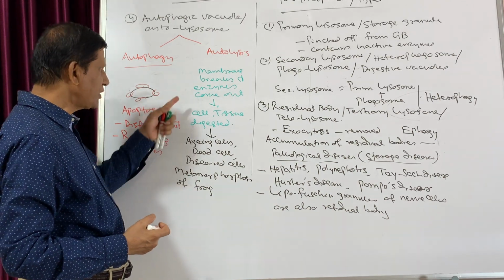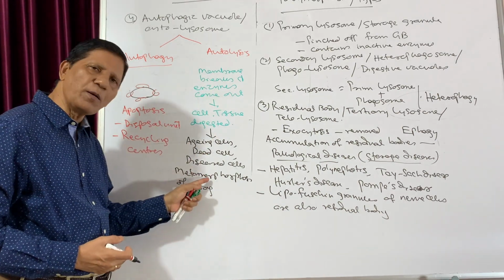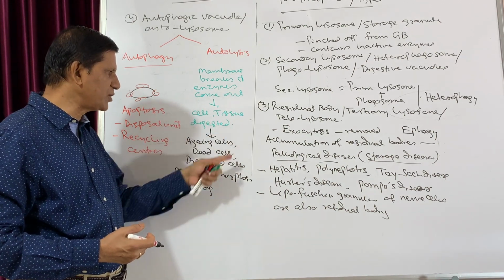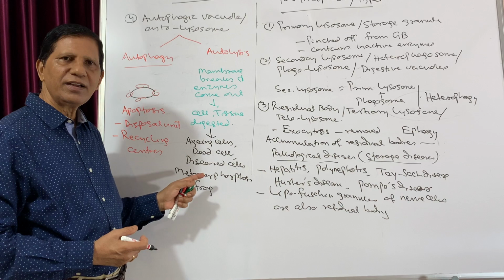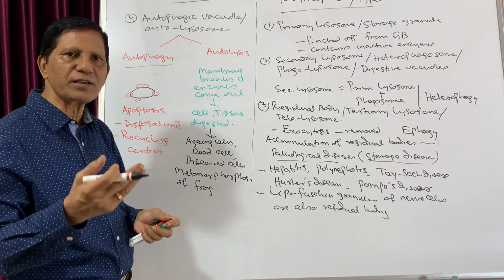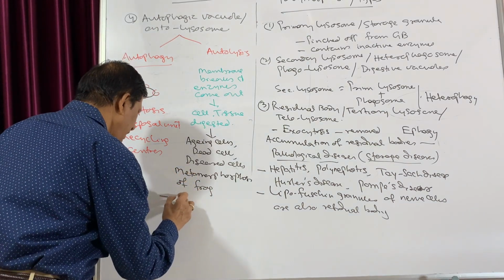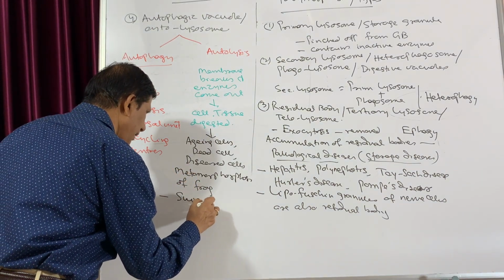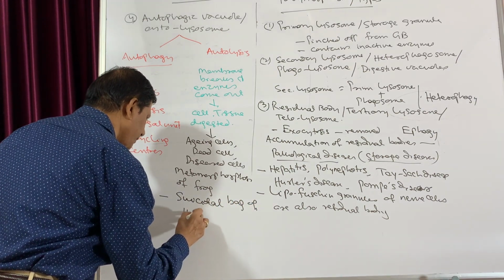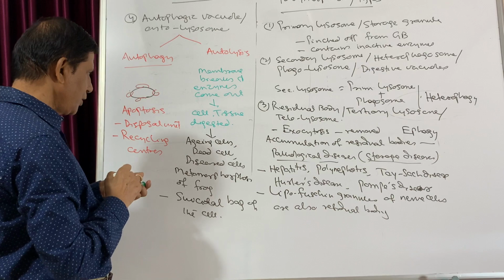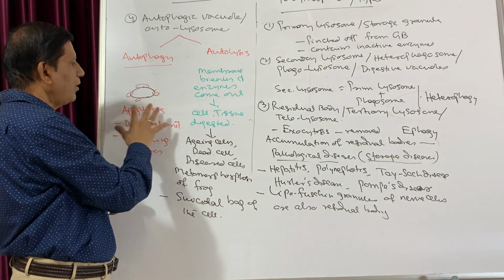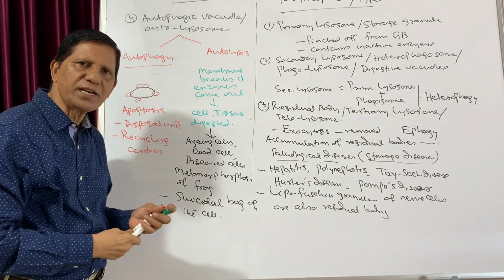Because the enzymes come out and digest the cell and tissue, the lysosomes are known as suicidal bags of the cell. So this is the fourth type, the autophagic vacuole. Now, what is autophagy and what is autolysis, clear?